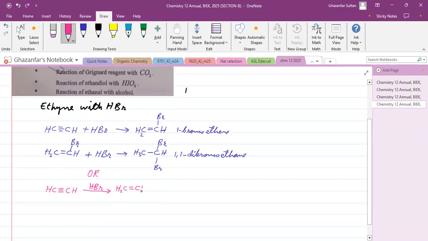The first product is this, and then add another HBr and draw the product H3C-CH with Br on both... oh, sorry, both Br on the same carbon atom. So in this way, you can manage this in one line. This is also a way to write such a chemical reaction which occurs in 2 steps.